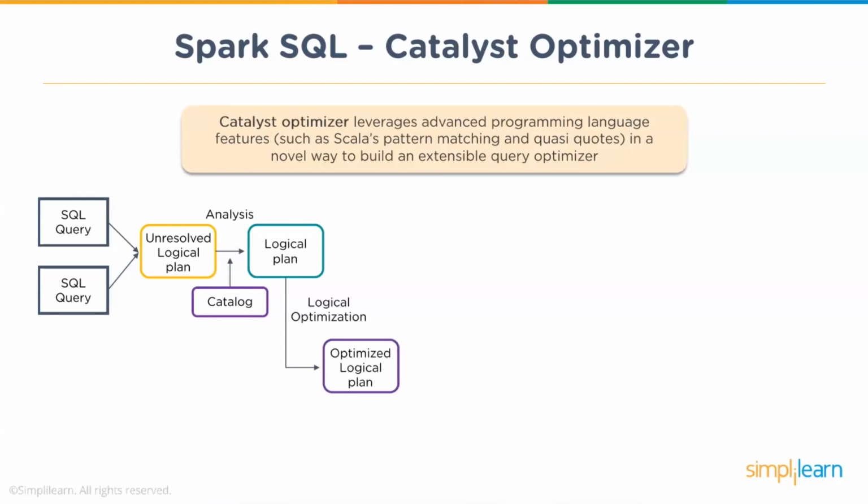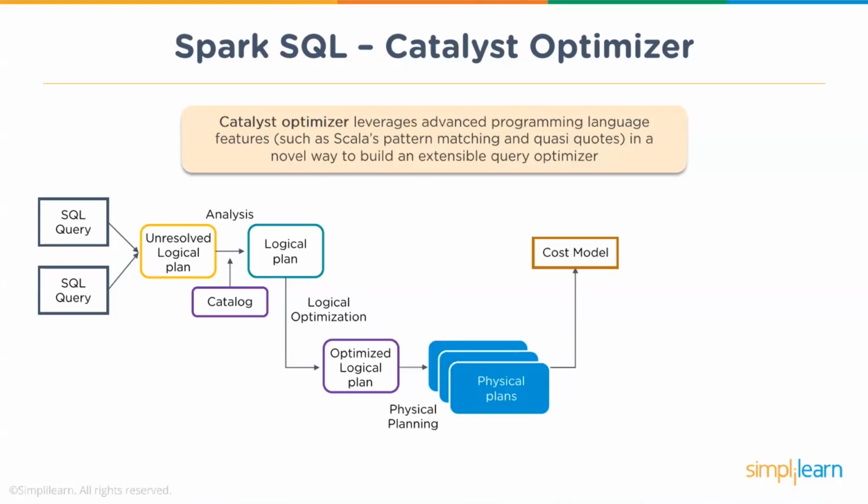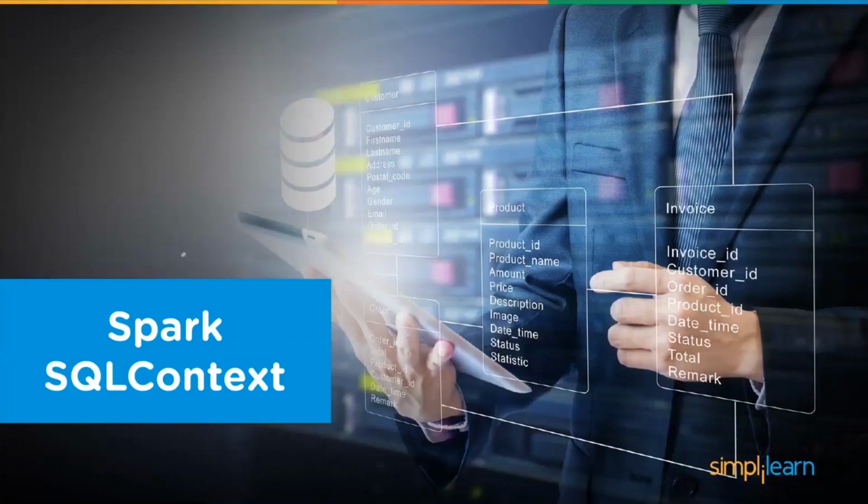Then there is a logical plan based on the analysis, and a logical optimized plan which is post logical optimization, which then results in physical plans, and a cost model which helps the Catalyst Optimizer know the best way to reach and access the data. It gives a selected physical plan which will then generate code based on the RDDs which would be implemented based on your query. That's how the Catalyst Optimizer works.